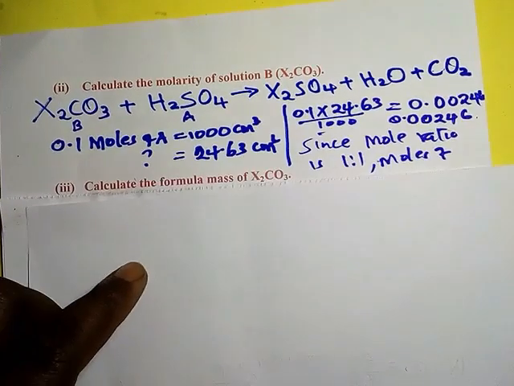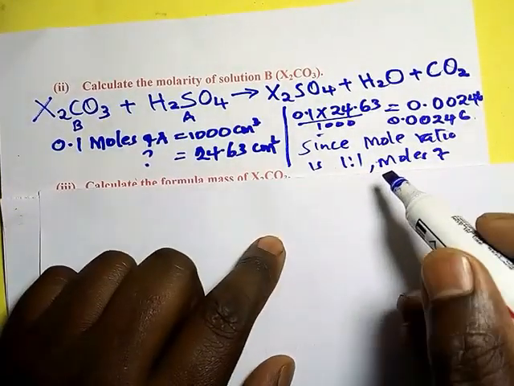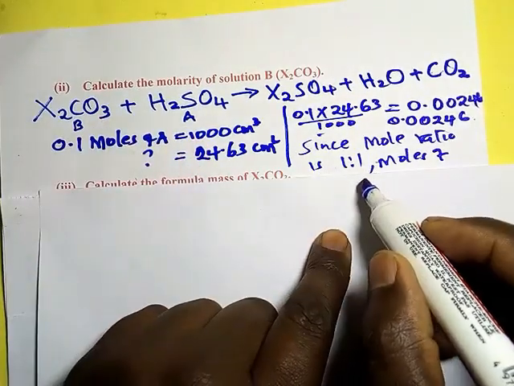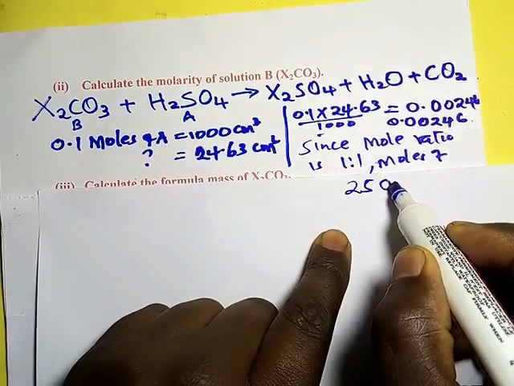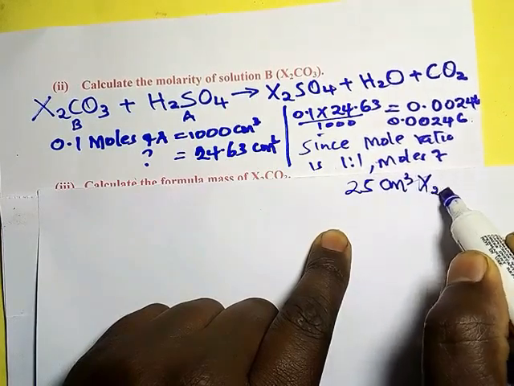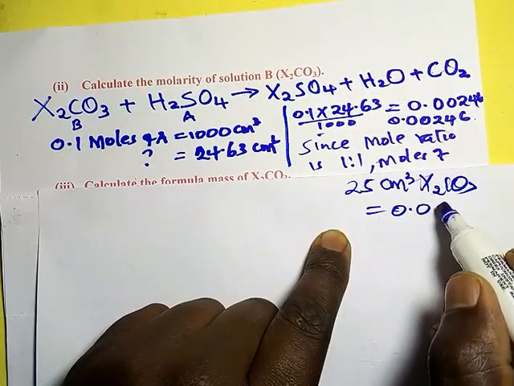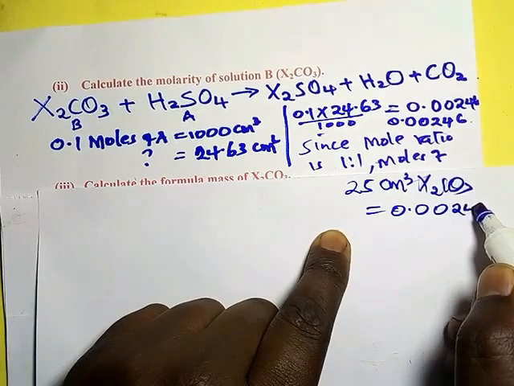Let me finish here. So we can say that the moles of X carbonate in 25 centimeters cube is equal to 0.00246.